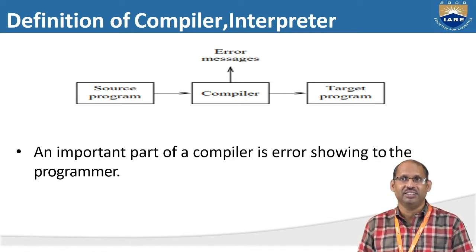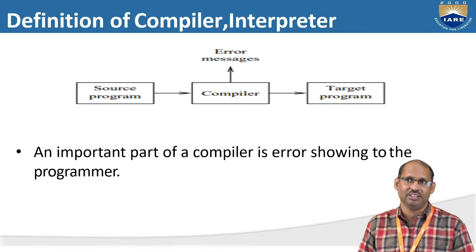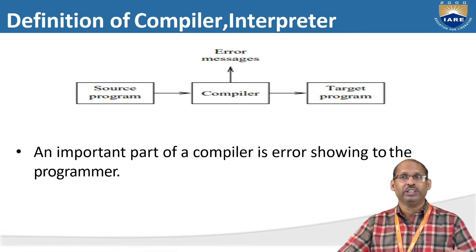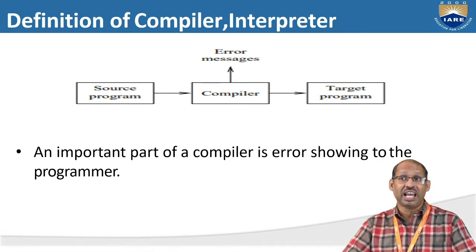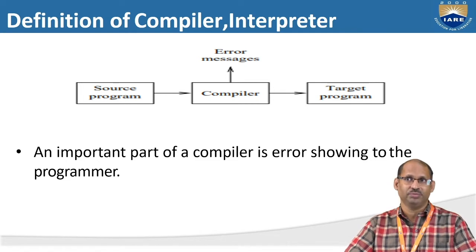The error handler will convert the respective ones and zeros into simple English sentences that a user or programmer can understand. Right? So the important part of a compiler is showing errors to the programmer.